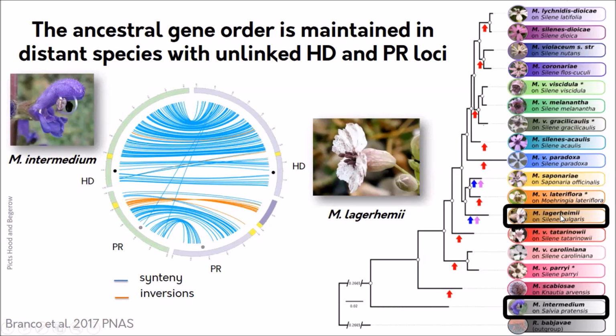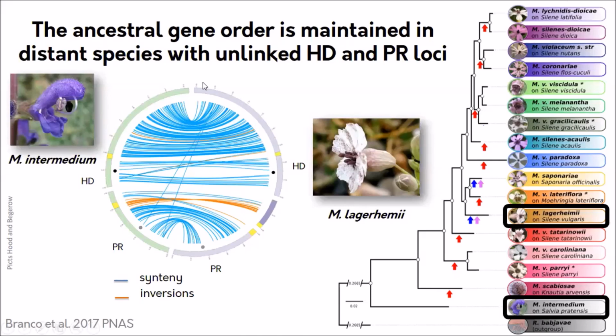So we looked at these two species. So this one has mating type chromosomes that are still recombining on different chromosomes. So this Microbotryum lagerheimii. So the mating type loci are linked to the centromere, but so very recently.